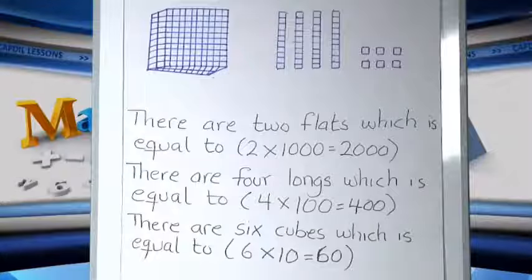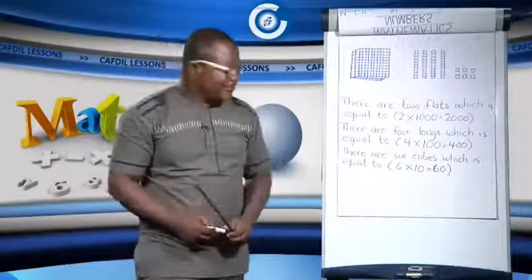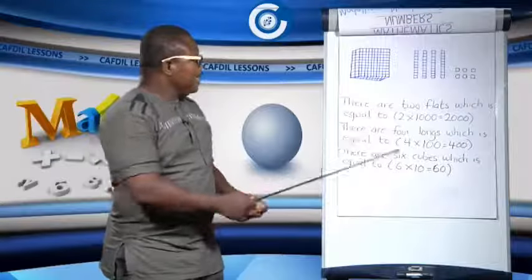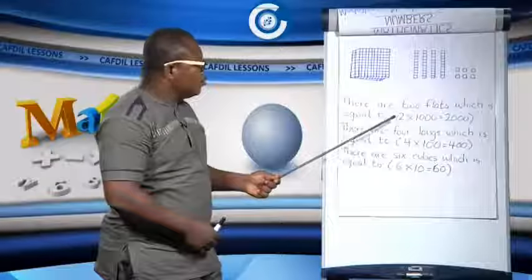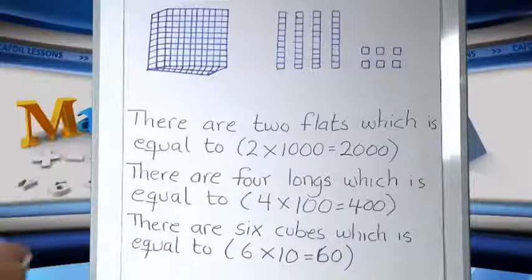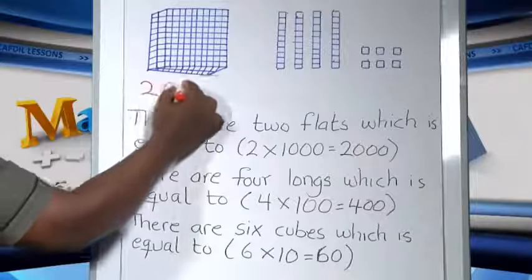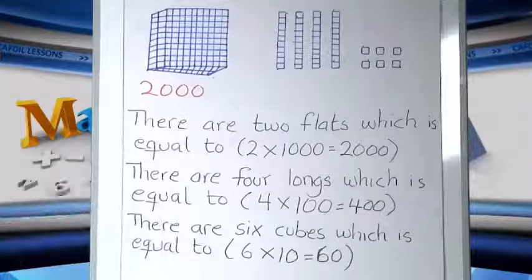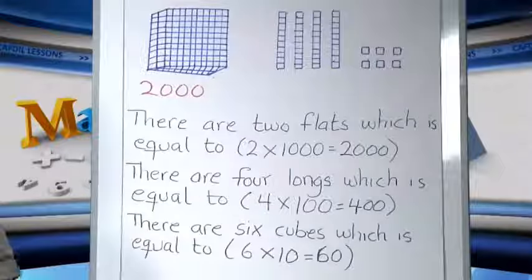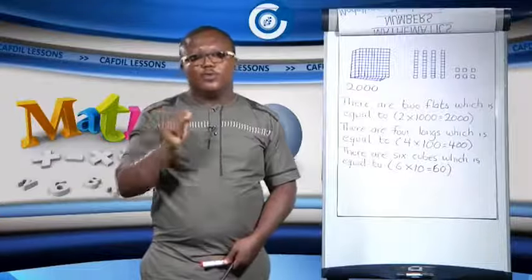So learners, with this one, we can say that this flat, we got 2 of them. So here is 2,000. 1 is 1,000, so 2 of them will be 2,000.